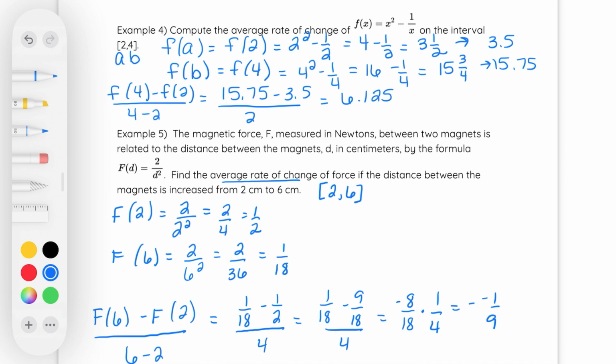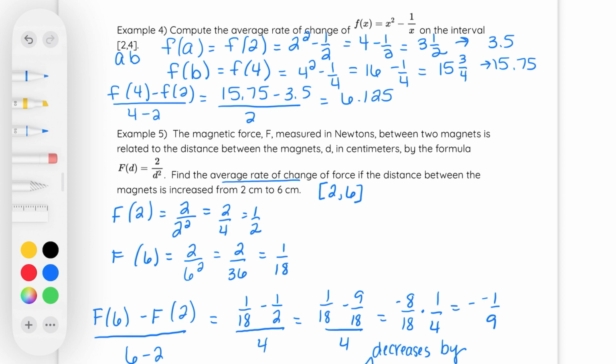So I can say that the average rate of change of the force is negative 1/9 newtons. I could say it decreases by 1/9 newtons per centimeter.